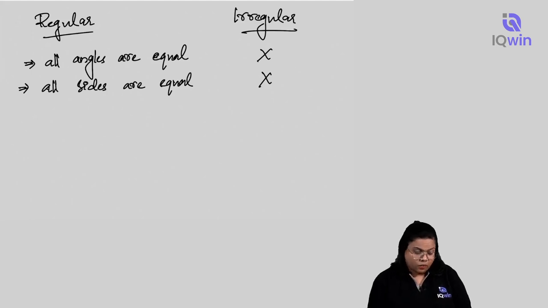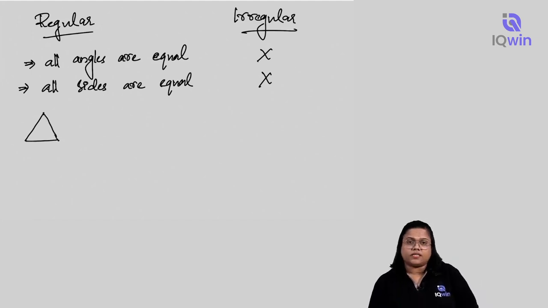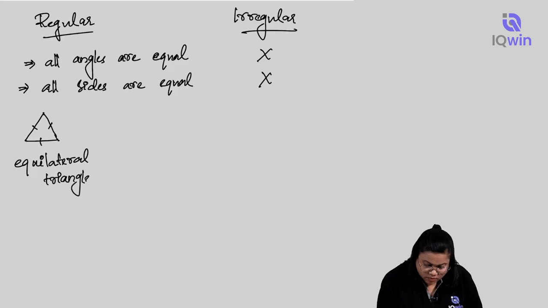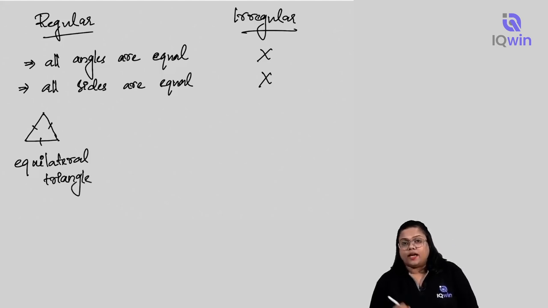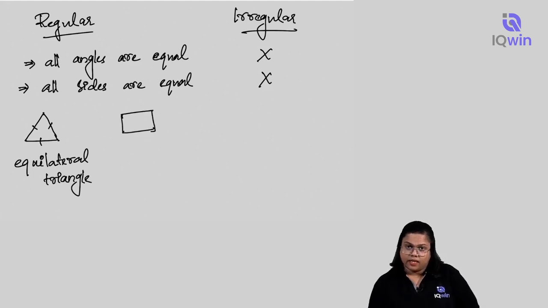So for example, if a polygon has three sides, with all three sides and all three angles equal, it is an equilateral triangle. That is, a regular polygon with three sides is an equilateral triangle. What if all four sides are equal and all four angles are equal?